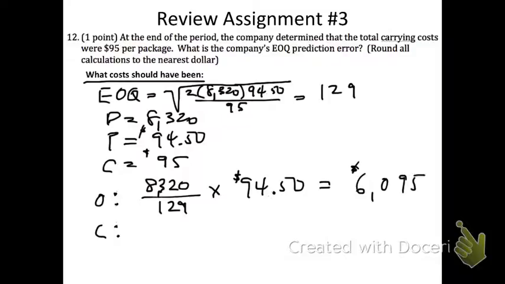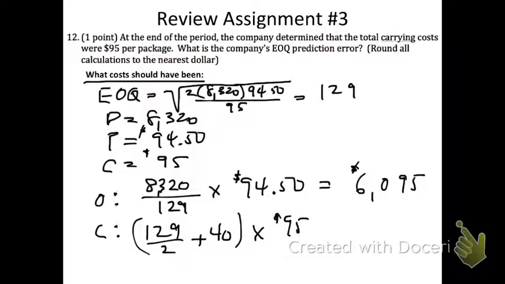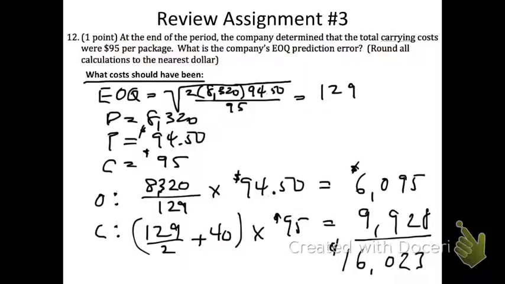Our ordering cost is higher, and then our average inventory, including the safety stock, times 95. Now we hold less inventory since our carrying cost is higher, and so our total carrying cost, 9,928. And notice that that is lower than what we actually incurred. And so the cost that we should have incurred is 16,023.